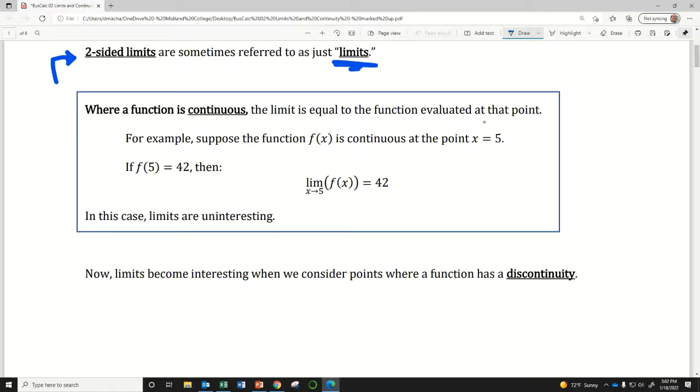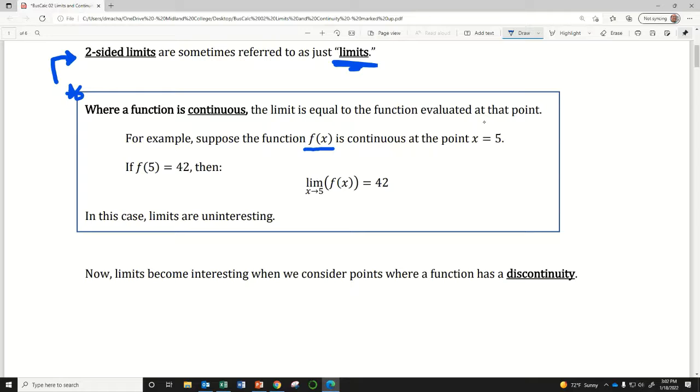Now, this is a really simple example of limits, but here in this box, where a function is continuous, the limit is equal to the function evaluated at that point. So, for example, suppose our function f of x, this is just the name of my function, is continuous at the point x equals 5.